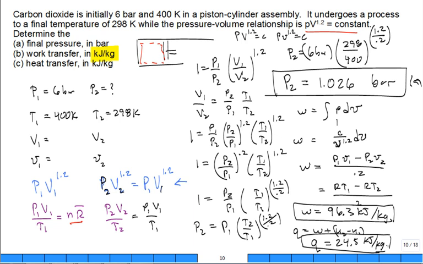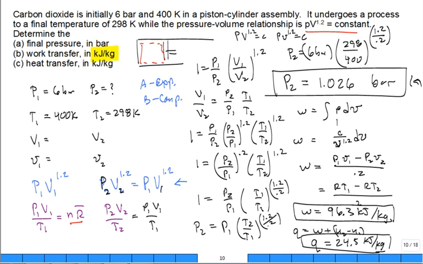Let me ask this. Is the gas expanding or being compressed during this process? Good clicker question. Let's go with clicker question A, it's expanding, or B, the gas is being compressed.